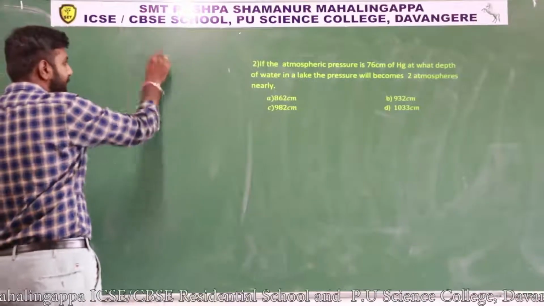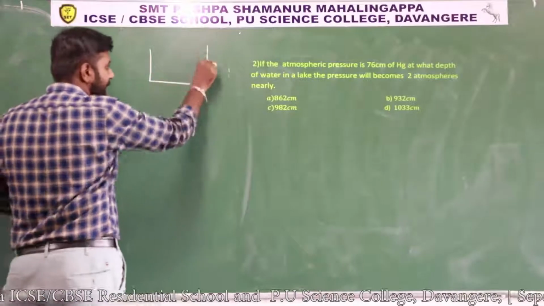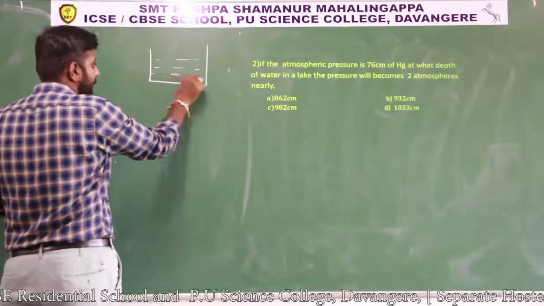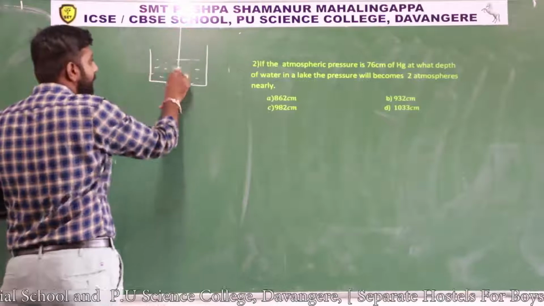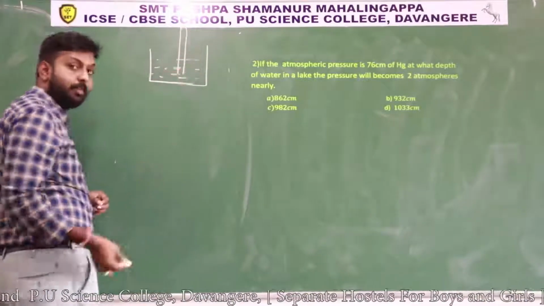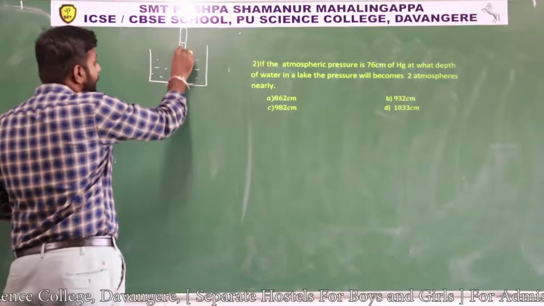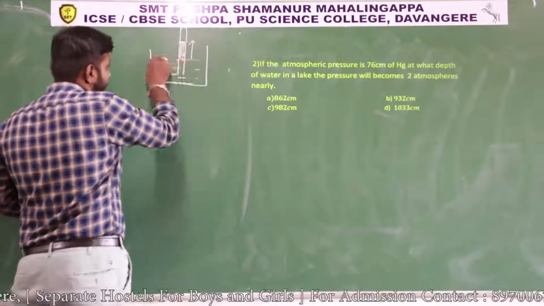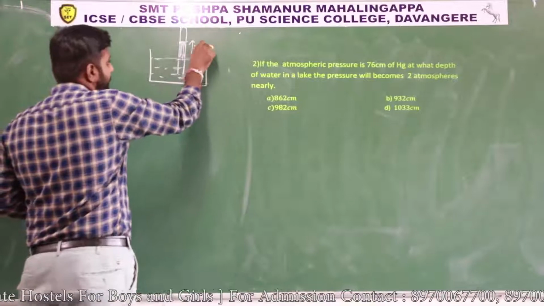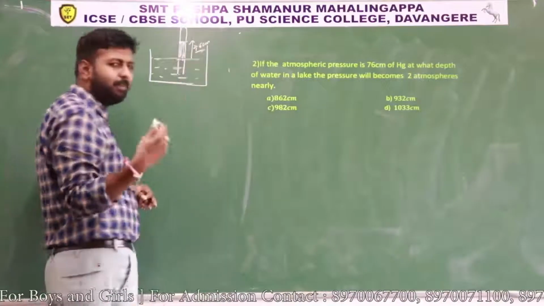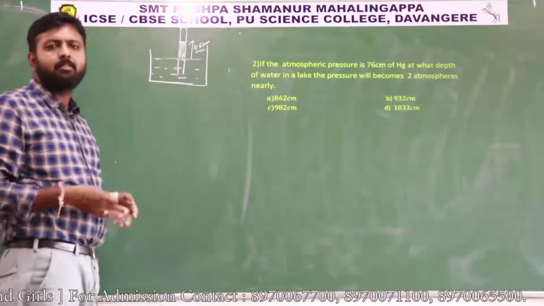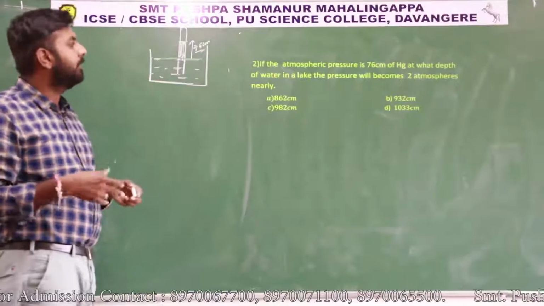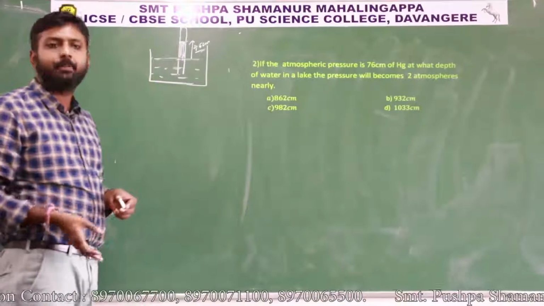What is the meaning of 76 centimeter Hg? In a trough of mercury, if we invert the glass tube, the level of the mercury from this surface is 76 centimeter, right? That means 1 atmospheric pressure can also be said to be 76 centimeter of mercury.